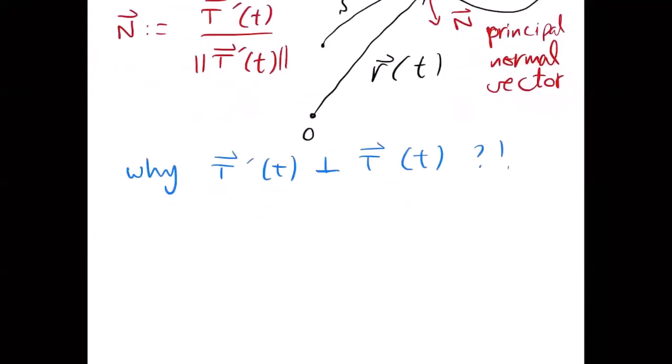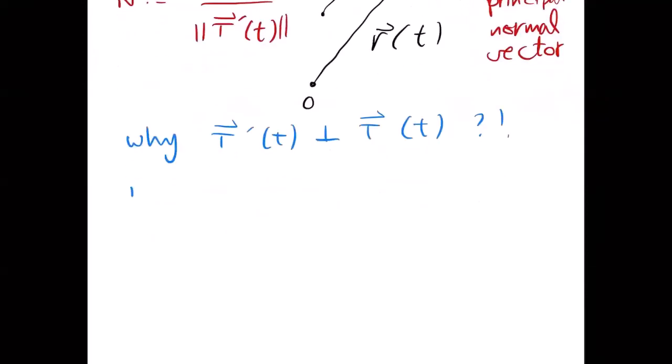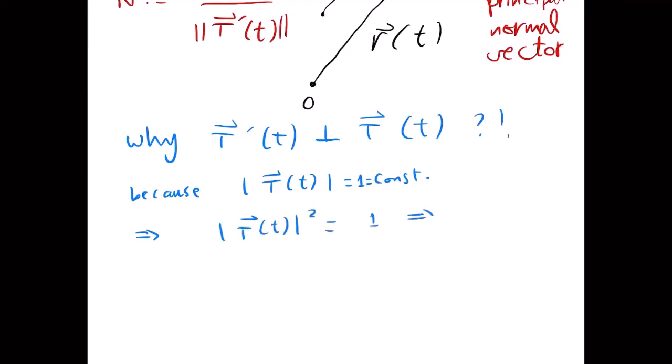The reason is simple, because the magnitude of T of t is constant. In fact, it is 1. But even if it is any vector moving such that it has a constant magnitude, then its derivative will be orthogonal to it. Therefore, T of t magnitude squared is 1 or constant.